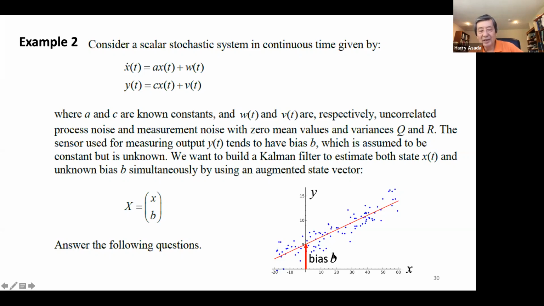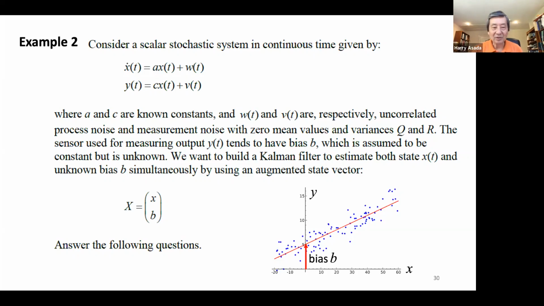So let's extend the state variables, not only the original independent state variable, but also the unknown parameter. We treat it as yet another state variable, and we extend the dimension to a two-dimensional state space.